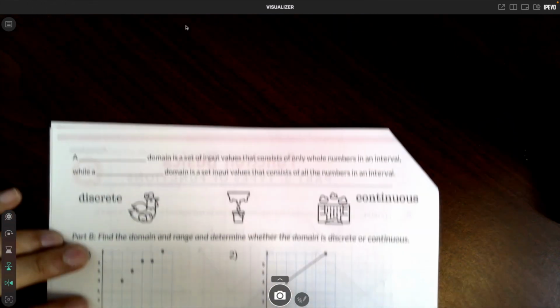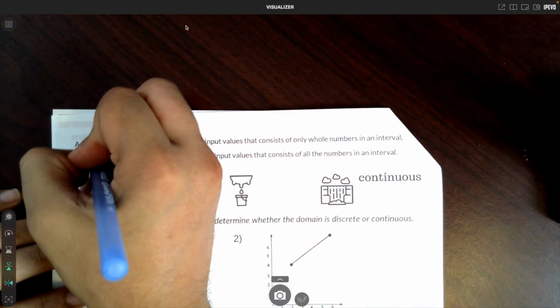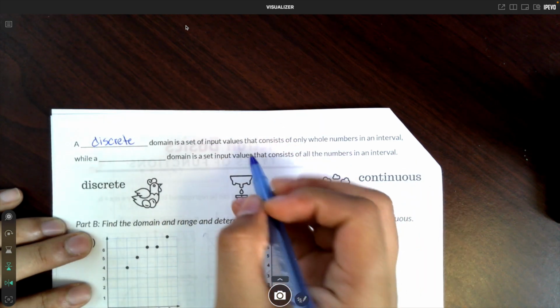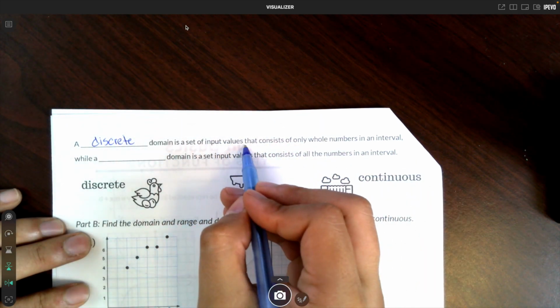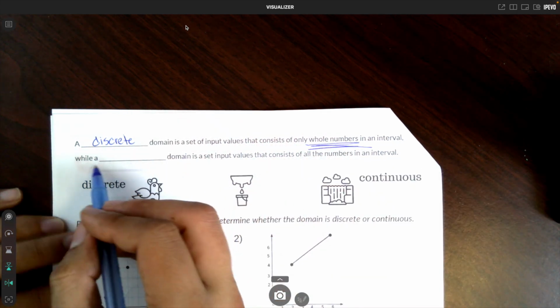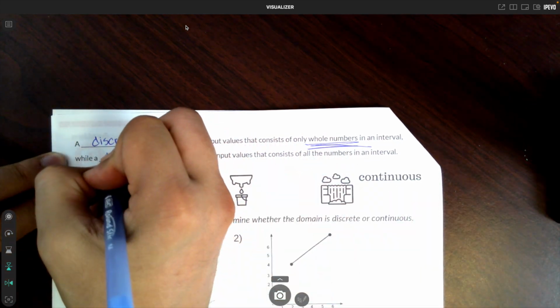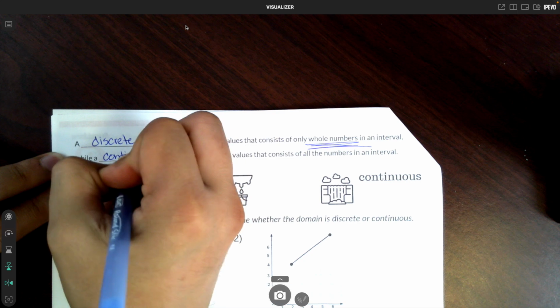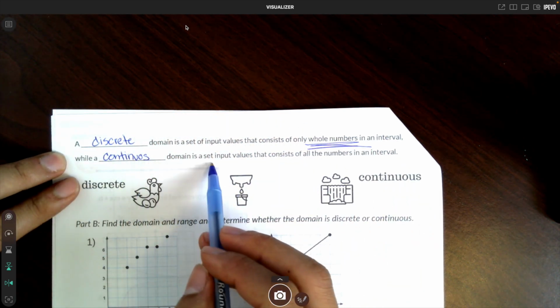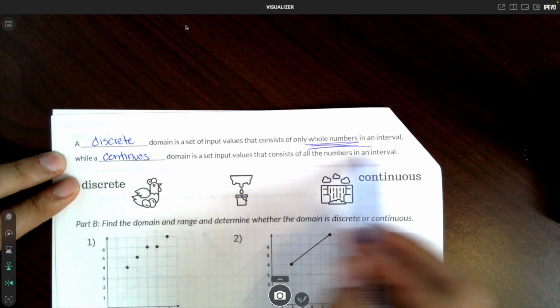So a discrete domain is a set of input values that consist of only whole numbers, while a continuous function has a domain that is just constantly going.